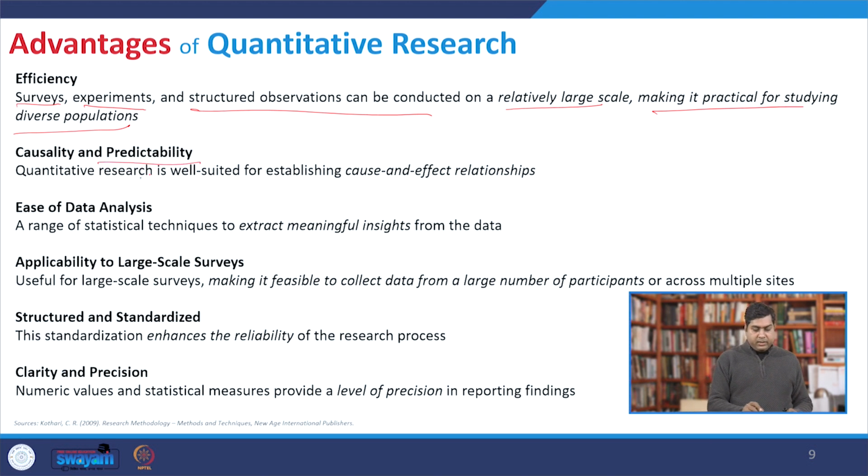Causality and predictability. Quantitative research is well suited for establishing cause and effect relationship. So this is very important, that there should be some hypothesis, okay, this is the cause and this is the effect. Say for example, if we see a phenomenon that pollution in most of the metropolitan cities like Delhi, Mumbai, Kolkata, etc. So what are the reasons?